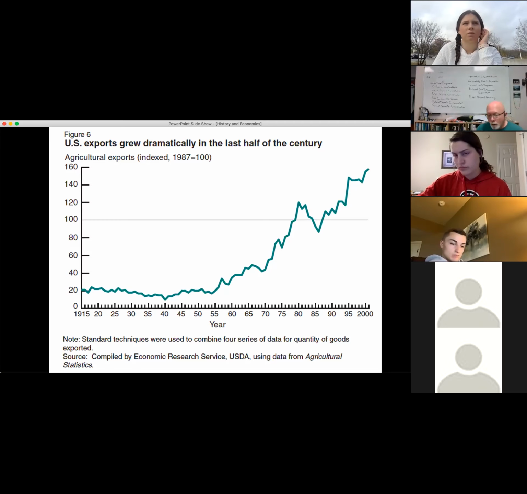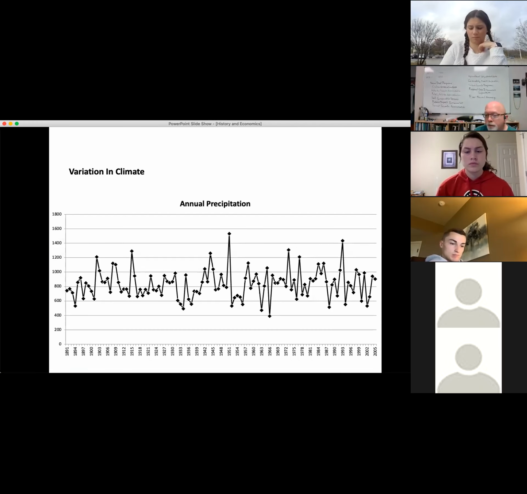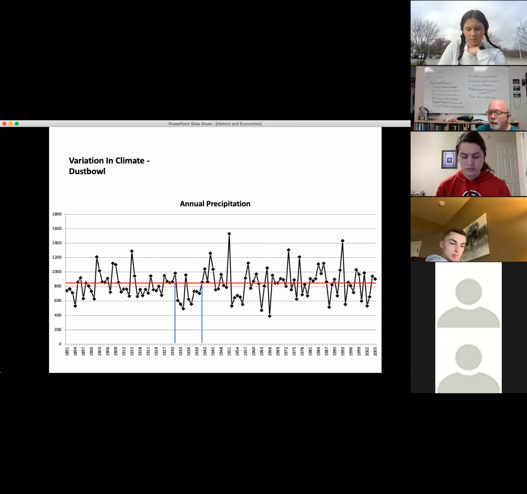Now, one of the problems with this, and something that Roosevelt could not have foreseen, is that from the early 30s to the late 30s, there was a protracted drought throughout the Midwest.